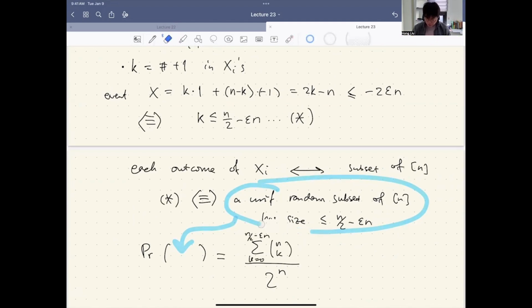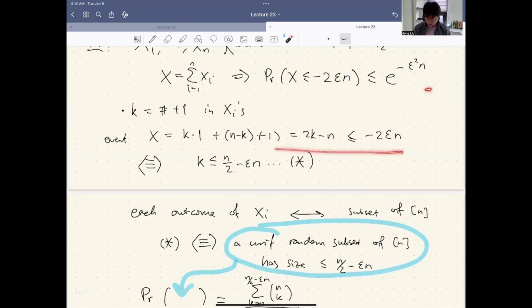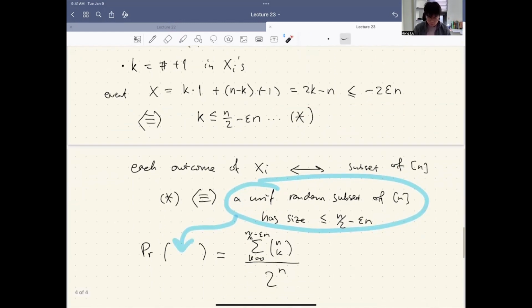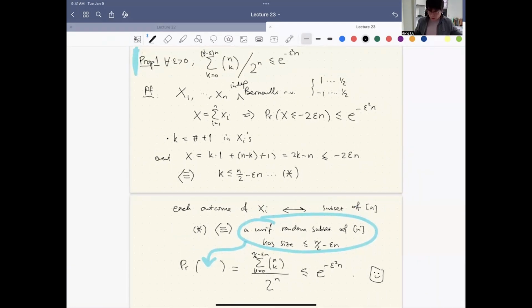This guy is the same as this guy, which is at most that. That's it. Any question? Okay. That finishes the missing part from last time.